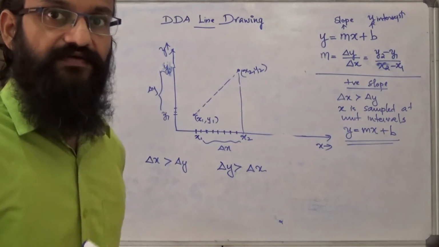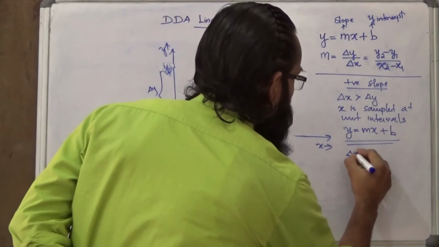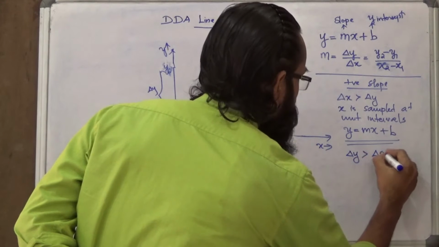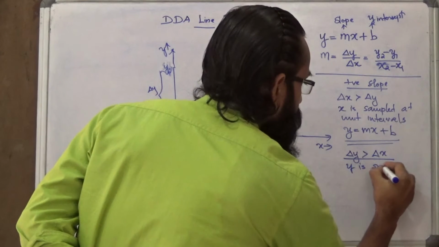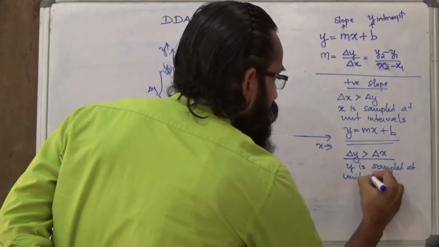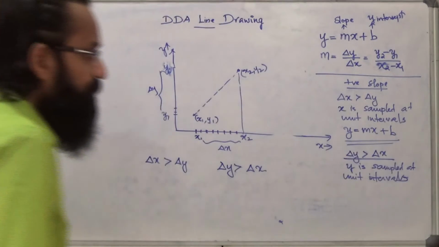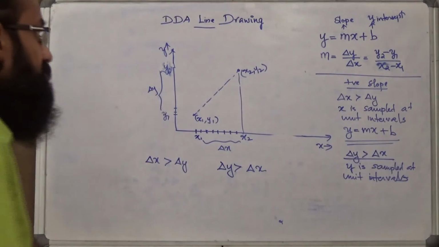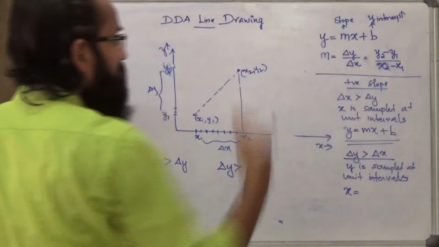If this is the situation, sample y at unit intervals. So if delta y is greater than delta x, y is sampled at unit intervals, and determine the corresponding x value from the slope intercept equation.